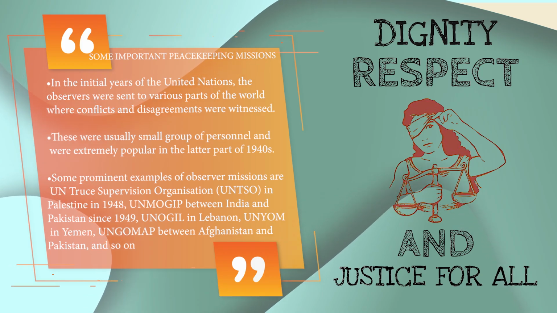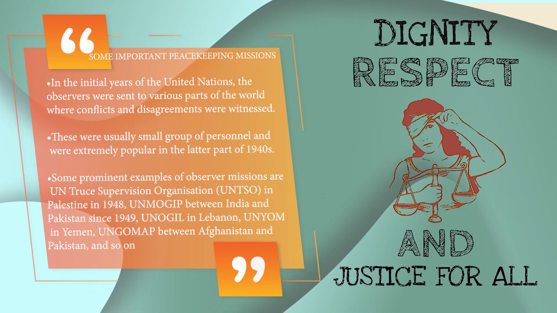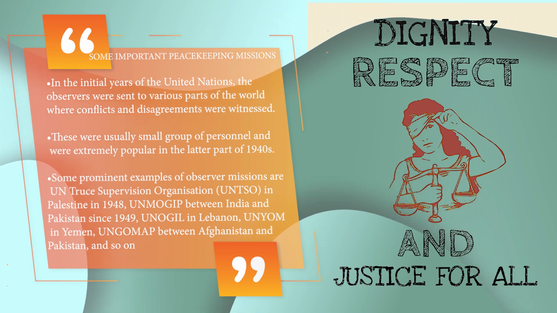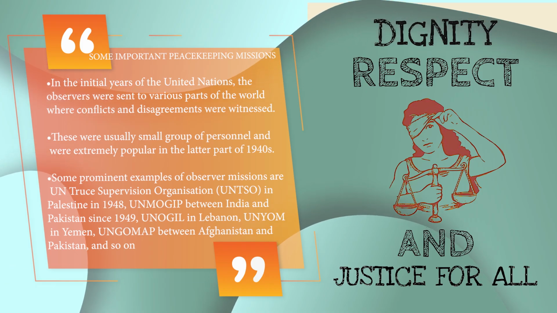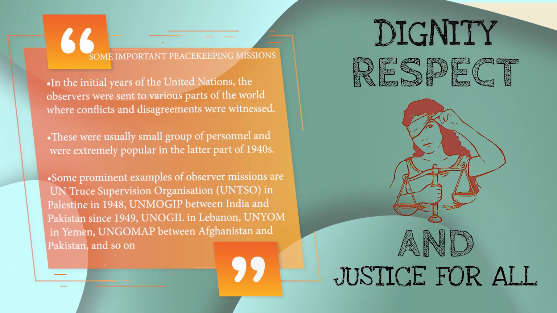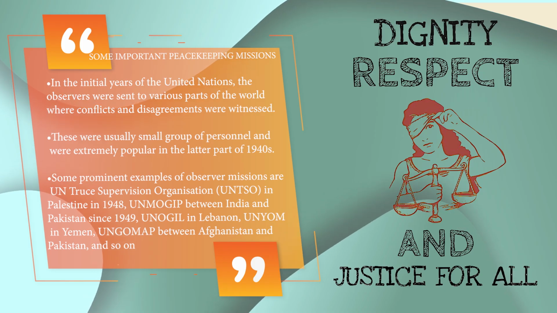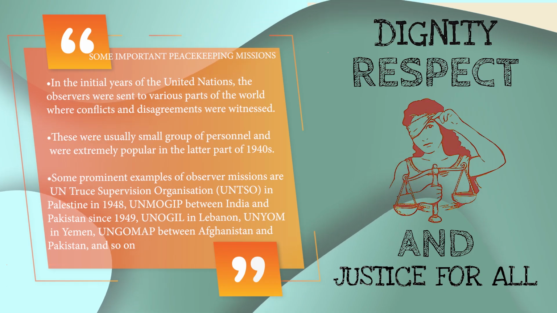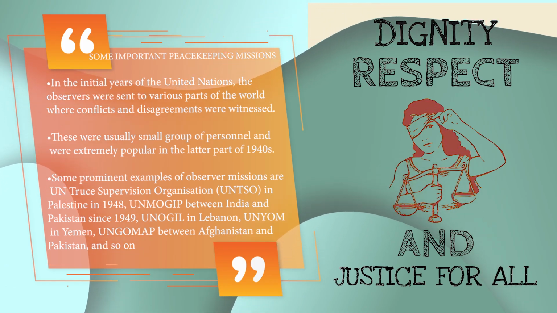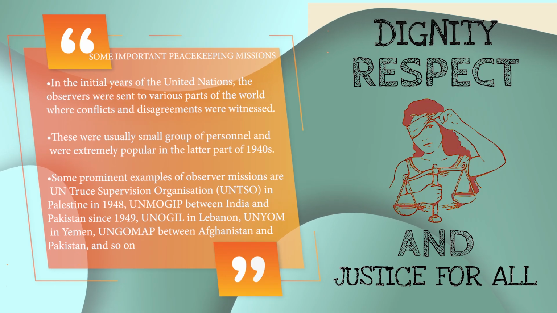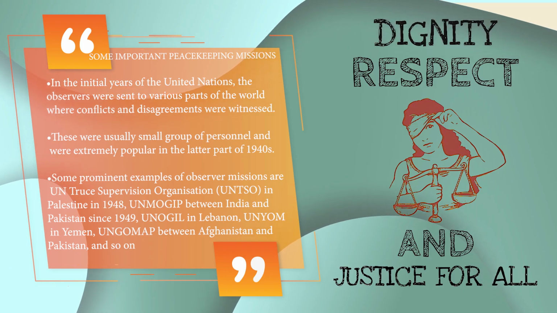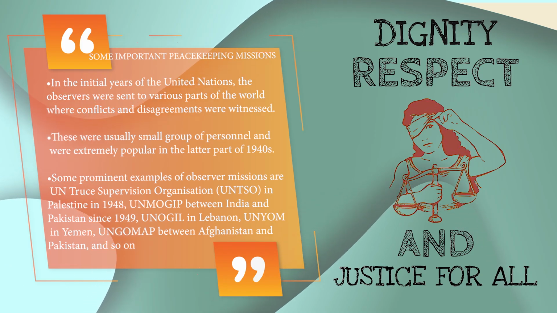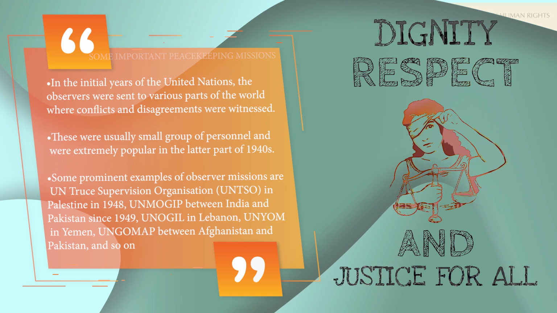Some prominent examples of observer missions are the UN Truce Supervision Organization, that is UNTSO, in Palestine in 1948, UNMOGIP between India and Pakistan since 1949, UNOGIL in Lebanon, UNYOM in Yemen, UNGOMAP between Afghanistan and Pakistan, and so on and so forth.